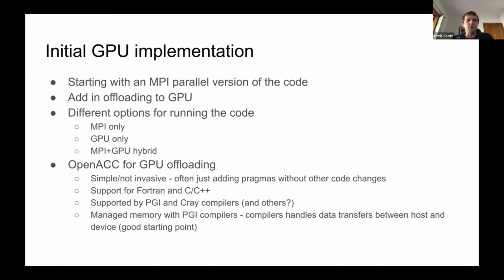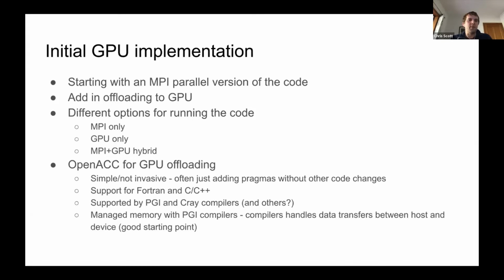The option we chose for the GPU acceleration was OpenACC. This is a programming standard for parallel computing, similar to OpenMP, which is maybe a bit more well known. It happens to have really good support for NVIDIA GPUs through the PGI compilers in particular.